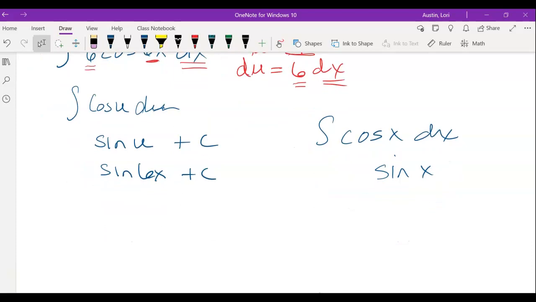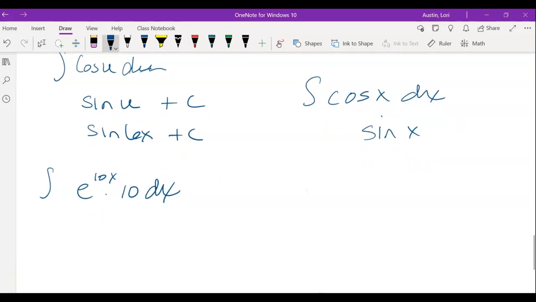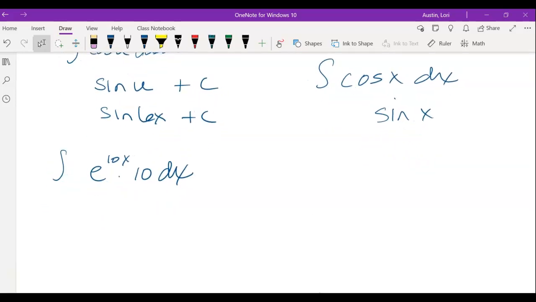Okay, let's do another one. Do e to the 10x times 10 dx. Is it the inverse?